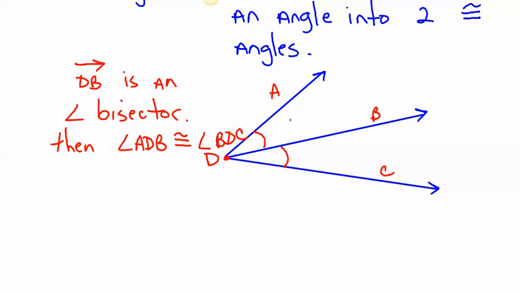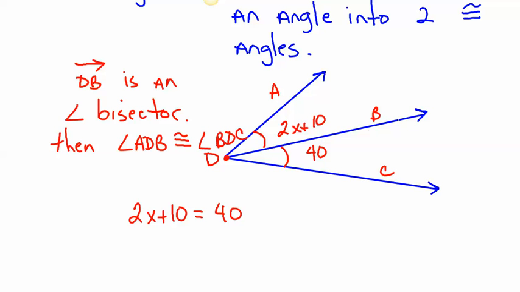If this angle is 2x plus 10 and this angle is 40, how could you solve for x now? Just a little different setup, isn't it? Very good. 2x plus 10 equals 40. The angles are congruent to each other.